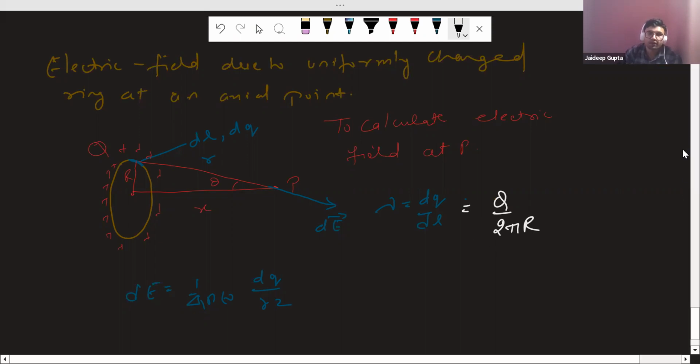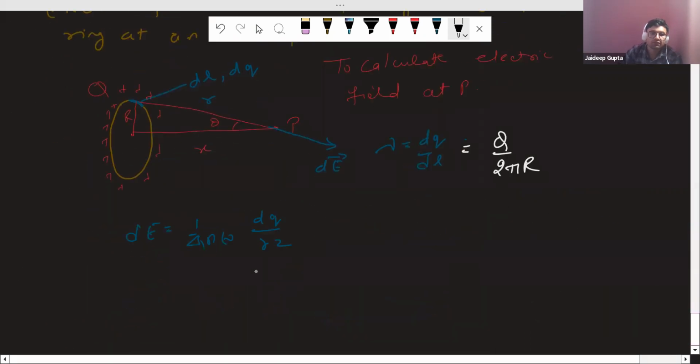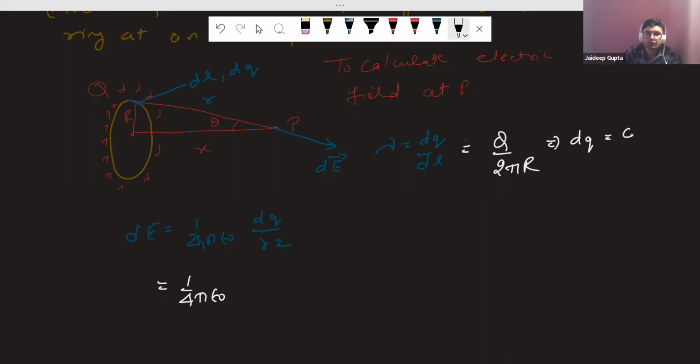Now substitute the value. If you find the value of dq, it is q times dl over 2 pi R. Now substitute here.